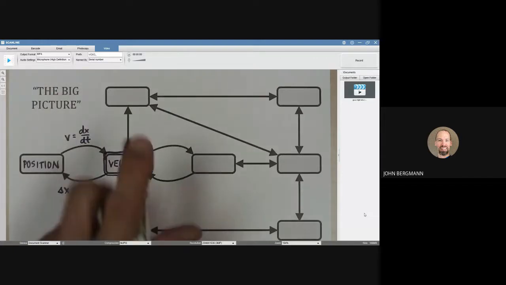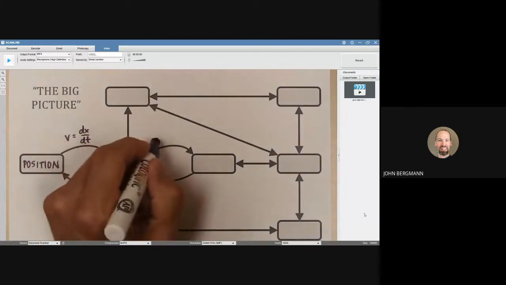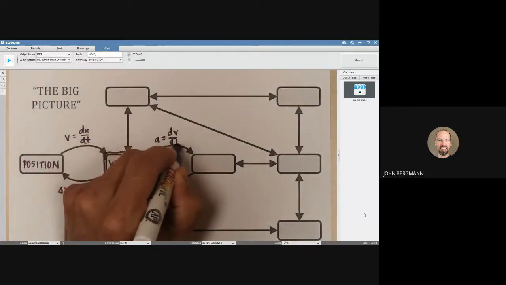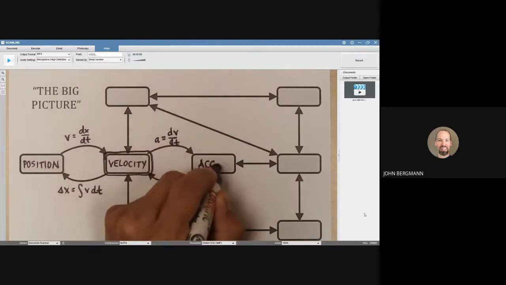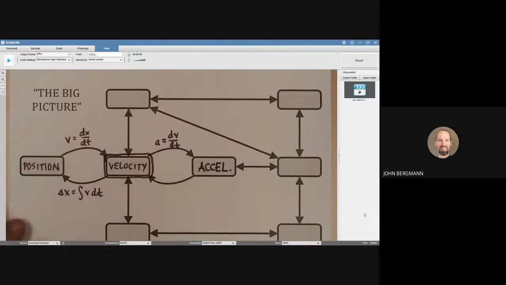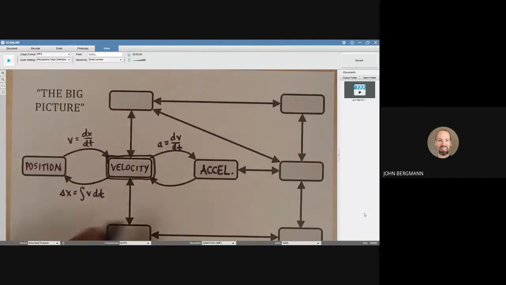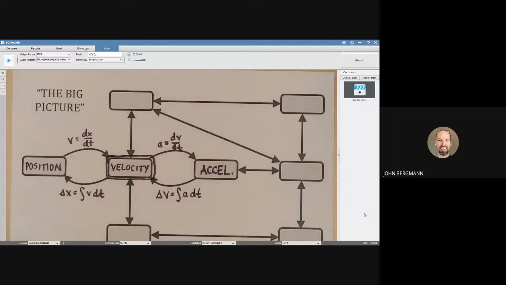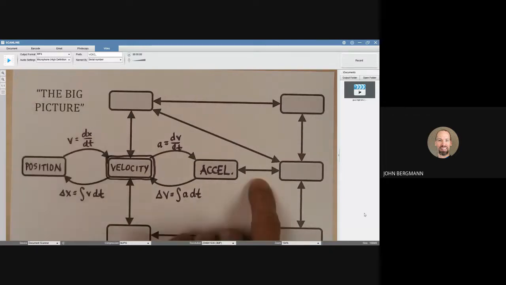What about if we have velocity and we take the time derivative of that? Won't it give us the acceleration? I don't have enough space to write the whole word there. There's acceleration right there. Similarly, if you have the acceleration, you can integrate it with respect to time, and you can get the change in velocity. That's pretty neat. Let's keep going to the right here.